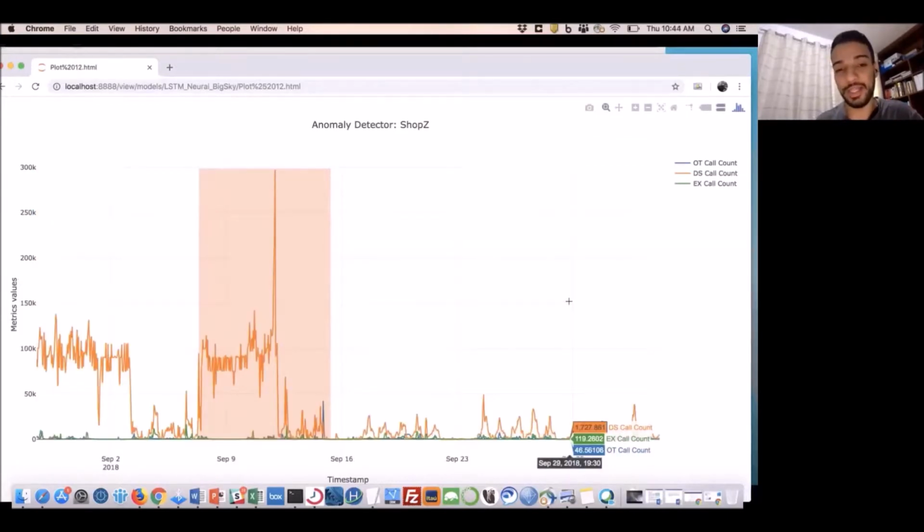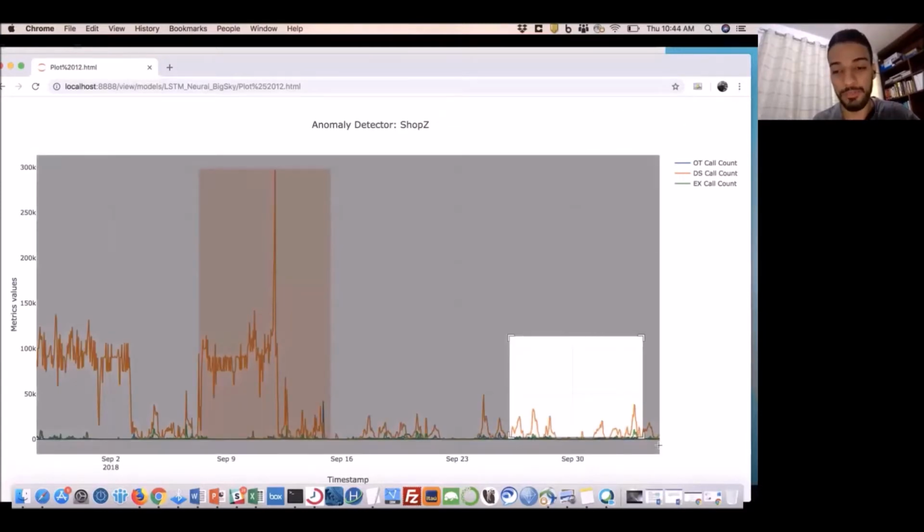Most interesting in this example, this demo, is that September was a quarter end period. And since ShopZ is a critical application, we made a hypothesis that at the end of the month we would probably have a rise in the peaks for most of the metrics.